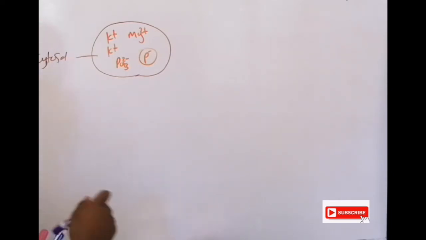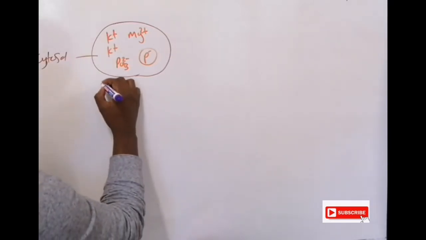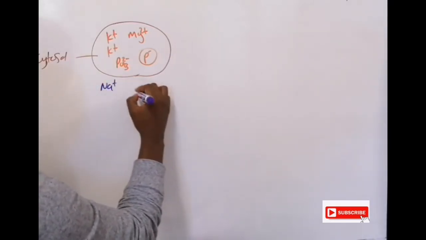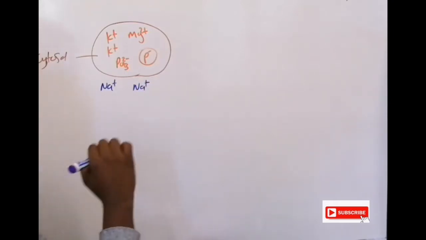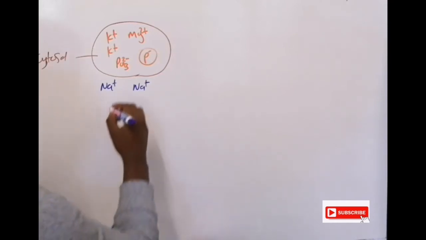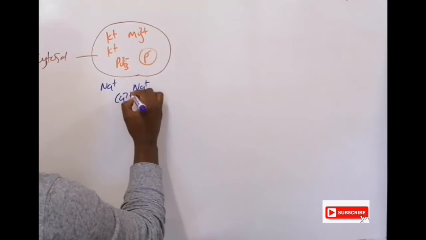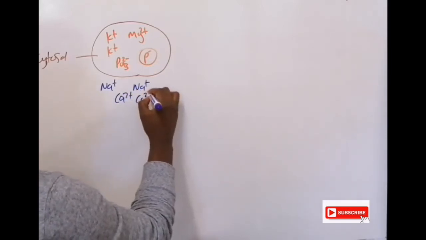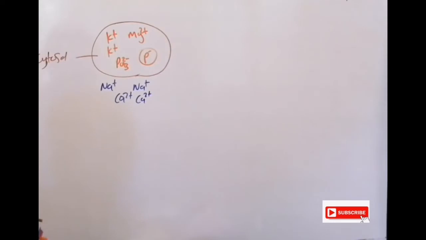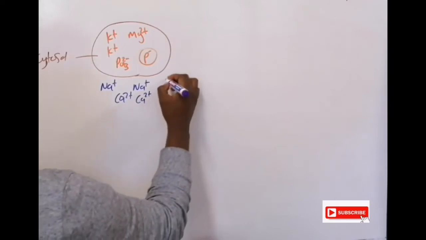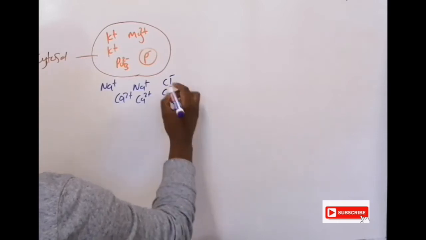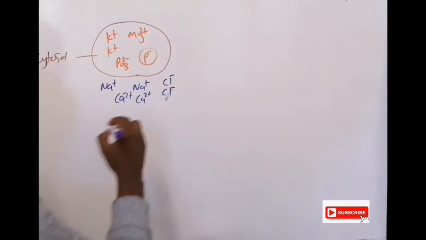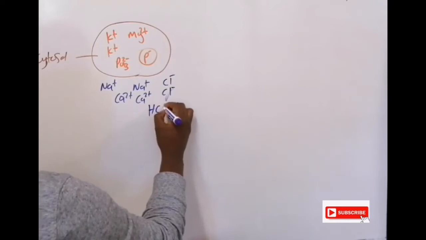On the outside of the cell, the main cation is sodium, and then the second most abundant cation in the extracellular fluid is calcium. And then the most abundant anion outside is chloride ions, and the second most abundant is bicarb.